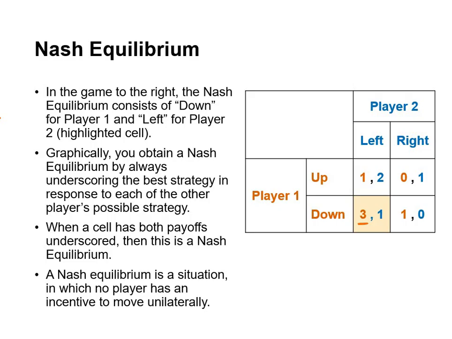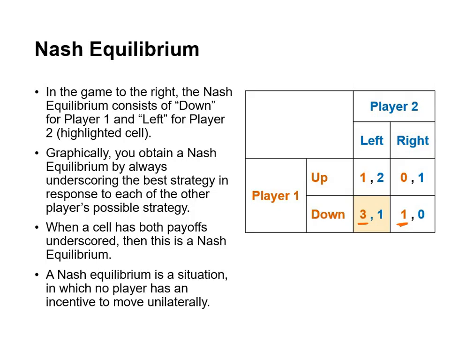Then we said, what is player 1's best strategy if player 2 plays right? If player 1 plays up, they get 0; if player 1 plays down, they get 1. That's why we underscored the 1. So no matter what player 1 thinks player 2 might do, down is always better. That's why we have a dominant strategy here.